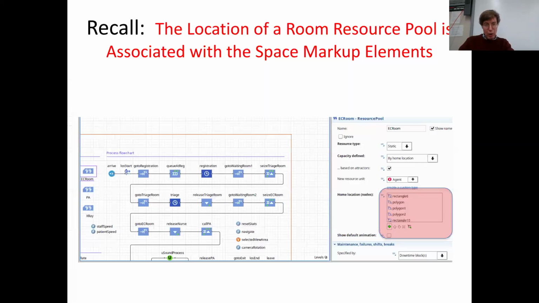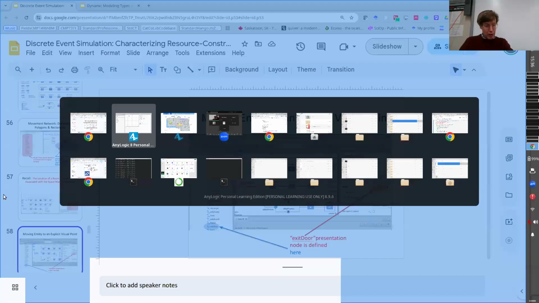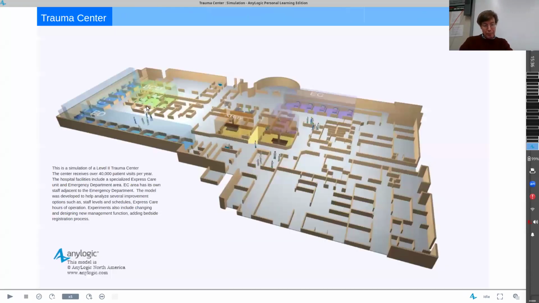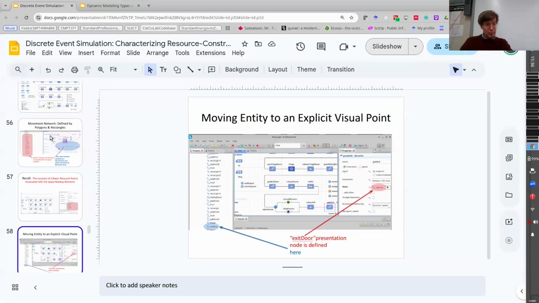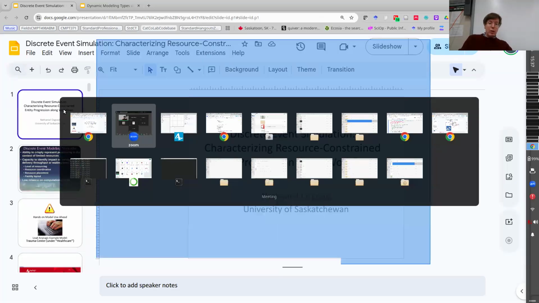There's more detail. It's possible you want to look at some of these other slides, but we've covered a lot of the essential features of what makes discrete event simulation a powerful technique. And to sort of recap, discrete event simulation is about resource-constrained movement along structured, statically defined workflows.